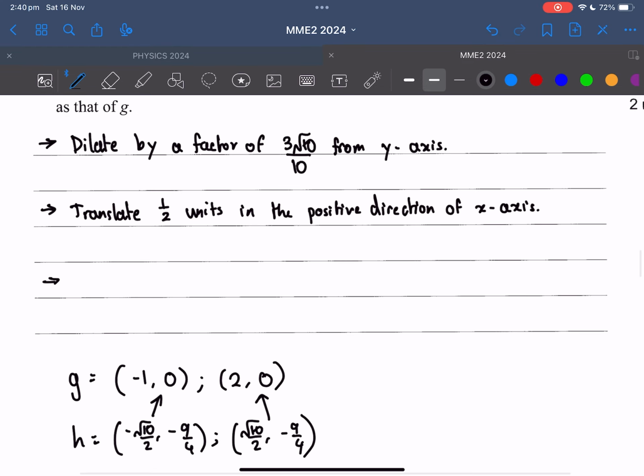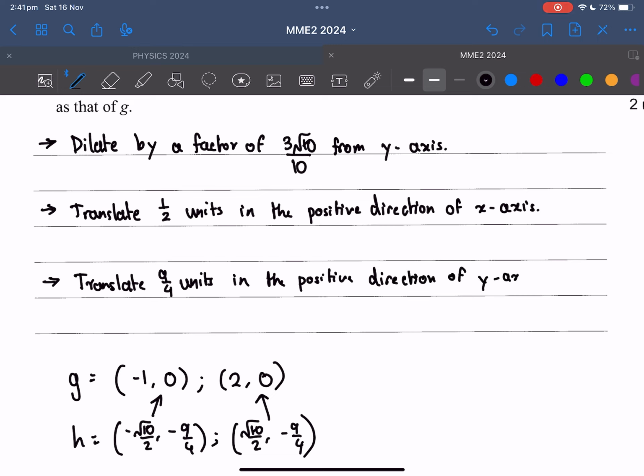Okay, and the last one is just moving the graph up by 9/4 units. So translate 9/4 units in the positive direction of the y-axis.